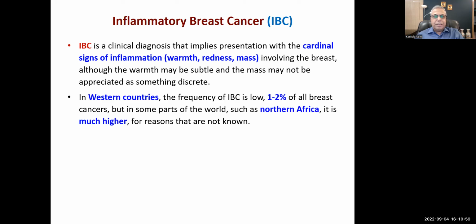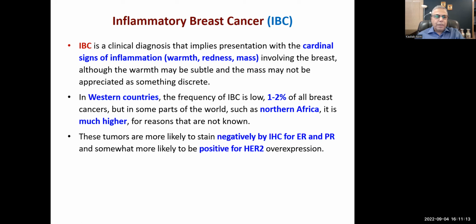In Western countries, the frequency of inflammatory breast cancer is low, 1 to 2%, but in certain ethnicities, like in Northern Africa, it is much higher for reasons that we are not sure about. These tumors are more likely to stain negatively by immunohistochemistry for estrogen receptor and progesterone receptor, and they are more likely to be positive for HER2 receptor.